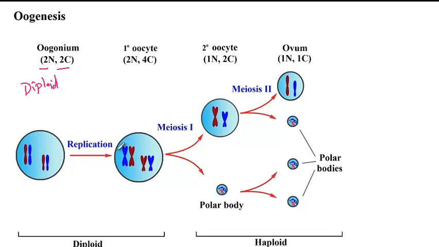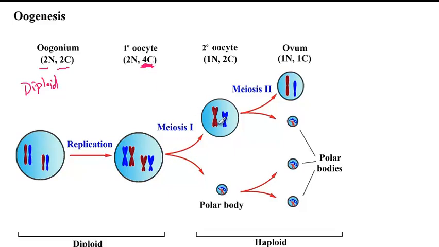Following replication and during the interphase stage, the chromatids will duplicate. So now every chromosome has sister chromatids. They are still diploid because we only have one pair of homologous chromosomes, but their chromatids have doubled. So now we have 4C.